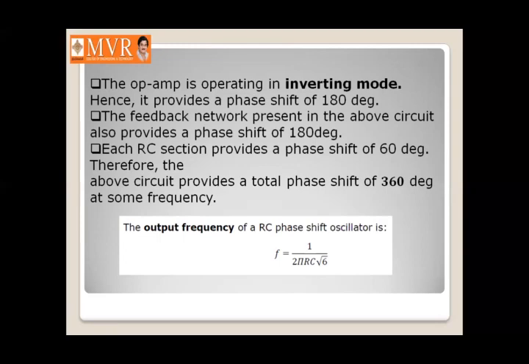And here we use the op amp in inverting mode, so the op amp provides a phase shift of 180 degrees. So totally, 180 plus 180, the total phase shift will be 360 degrees. In such a way, it is going to produce a sinusoidal wave using this RC network. So this is what you have observed from this video.